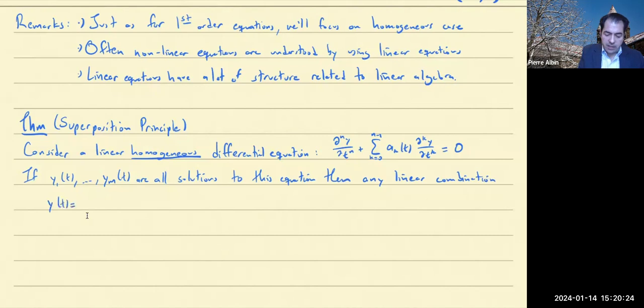right? So what's a linear combination? It's you pick constants, multiply each one of these functions by a constant, and add those together. Right? That's what a linear combination of these functions is. Any linear combination, right? So here, C1 through Cm are just constants.